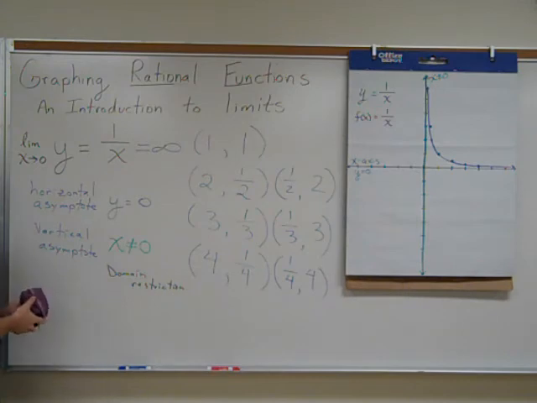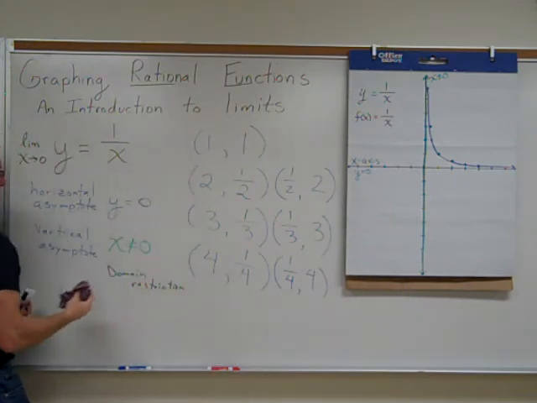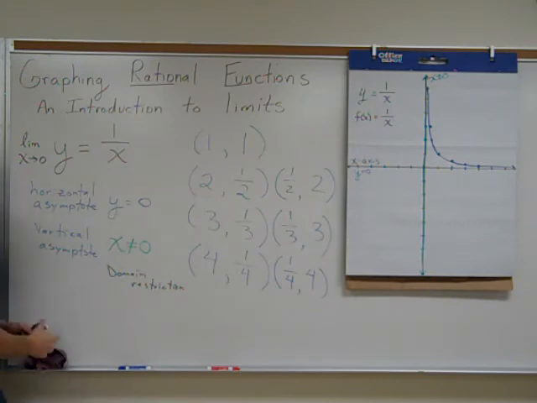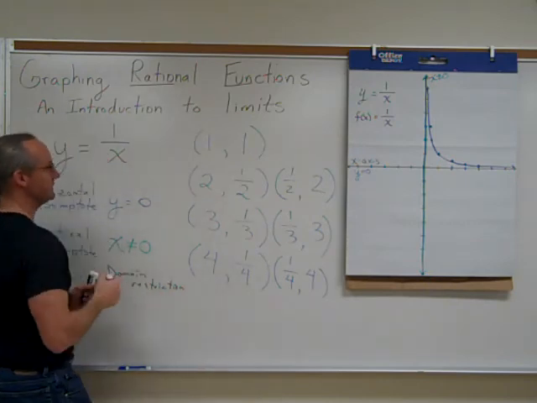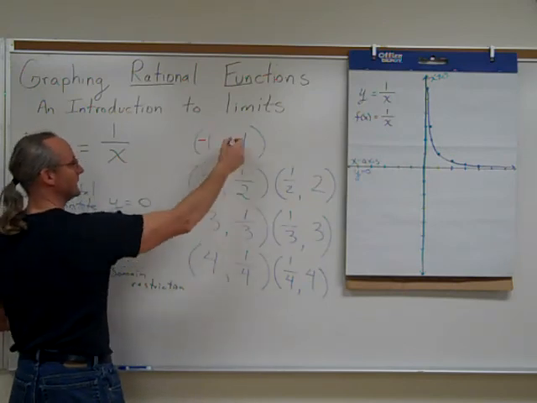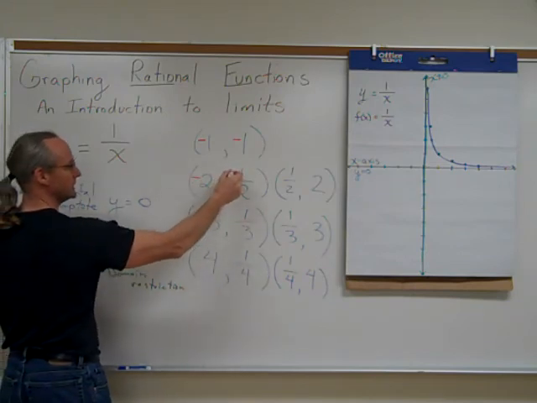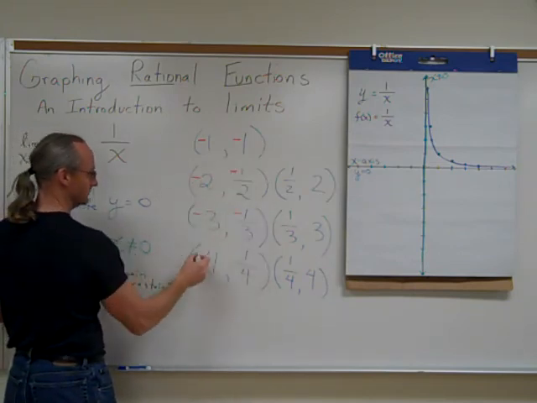And we can do the negatives in the same way that we did the positives. In fact, the only change I need to make, if this is negative, is that I get a negative over here. And if this is negative, I get a negative over here, and so on.